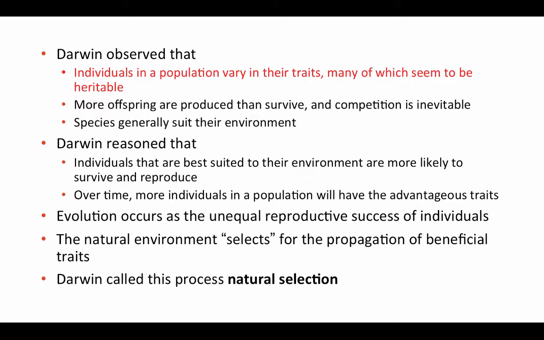There was nothing known at the time about genes or genetics or DNA. The only thing Darwin had to go on were these observations of variation and heritability.